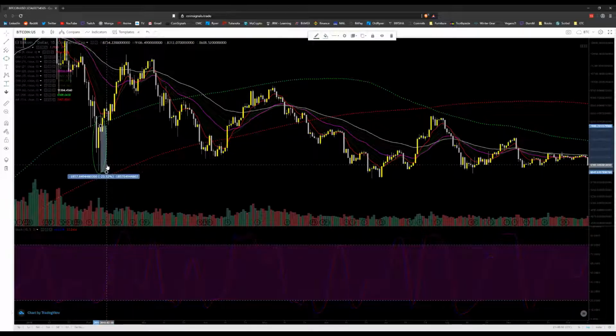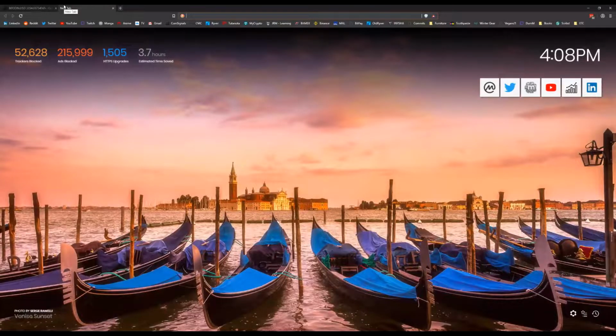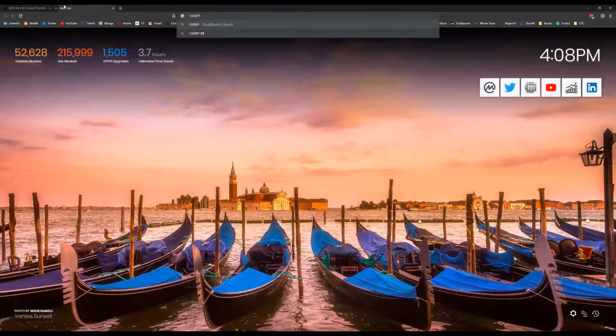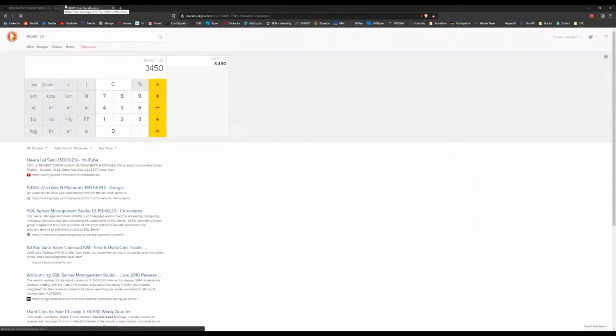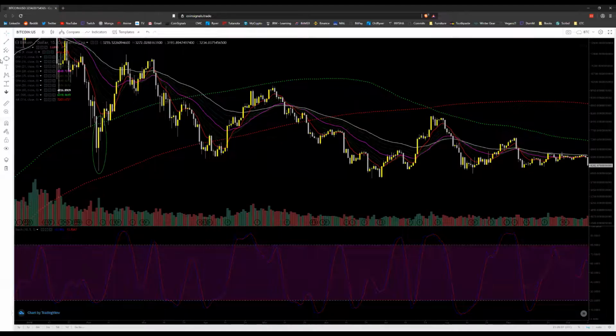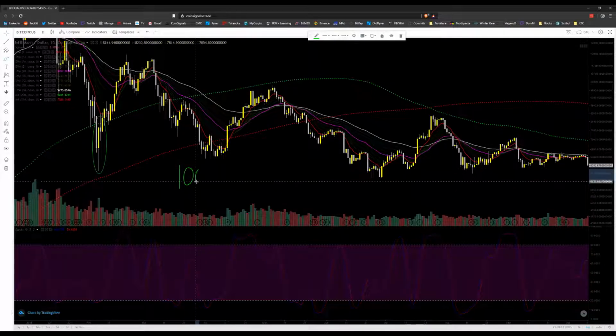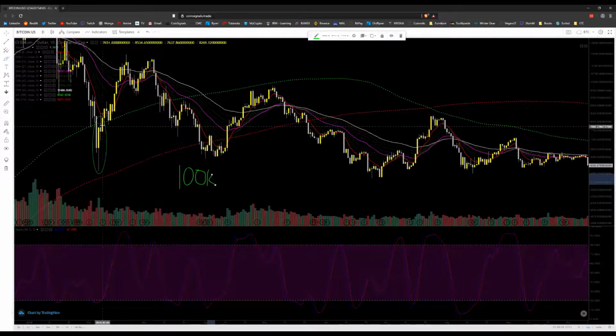23%. Let's do some quick maths here. On a 100K account, just to give you a glimpse into the risk management and why I like candle setups so much: this candle setup basically tells you where your stop goes.